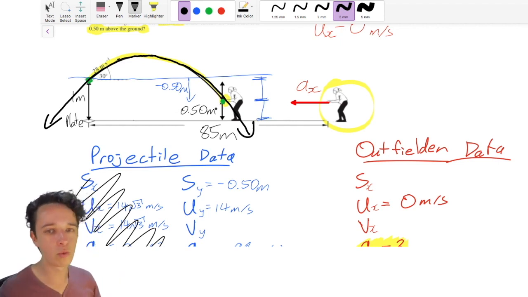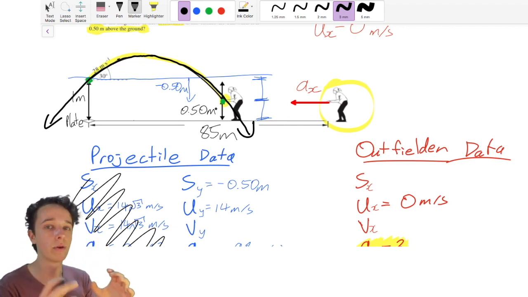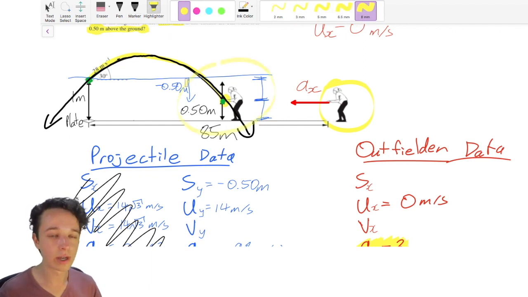So remember, we put into this equation the information that the displacement in the y component is negative 0.5 meters. And there are 2 points on this theoretical parabola where the displacement in the y component is negative 0.5 meters. The first place is the thing that we're concerned about, right?